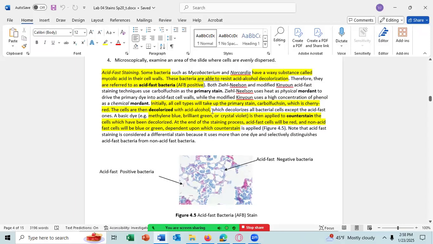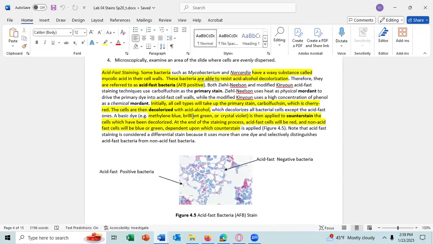Initially, all cells will take up the carbol fuchsin, which is cherry red in color, and then the cells are decolorized using acid alcohol. This decolorizes the bacteria that are acid-fast negative, but it will not decolorize the acid-fast positive ones.